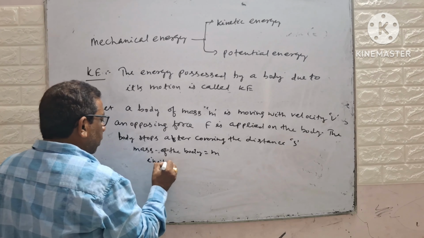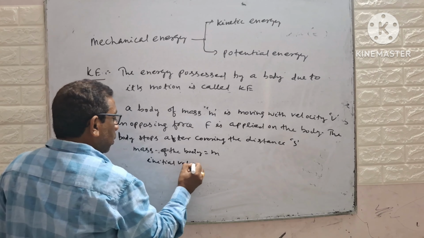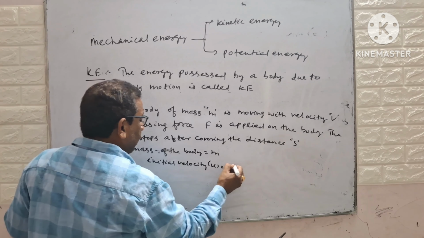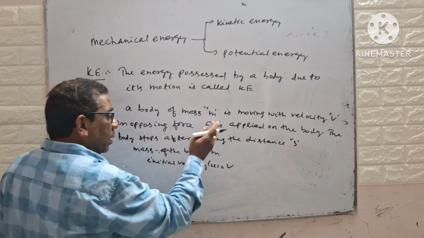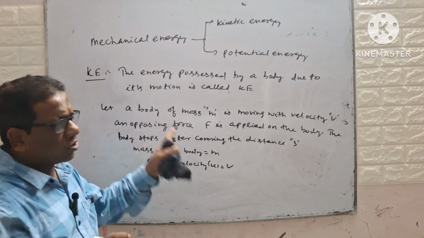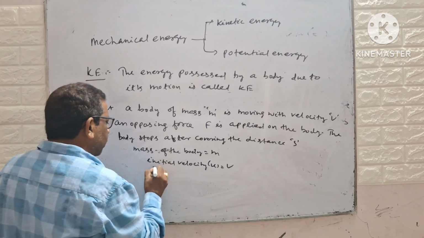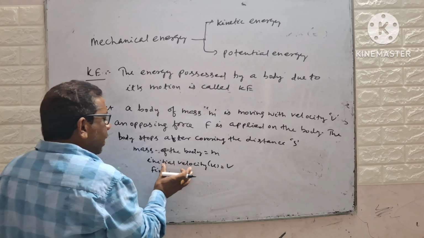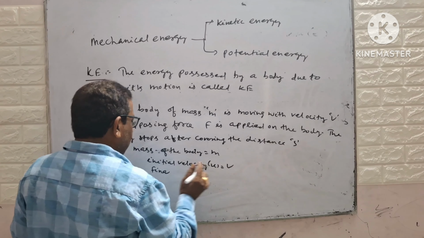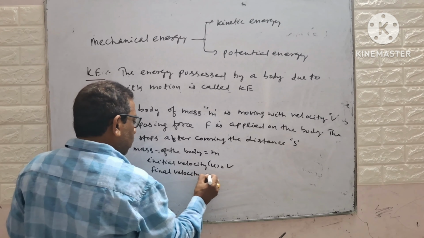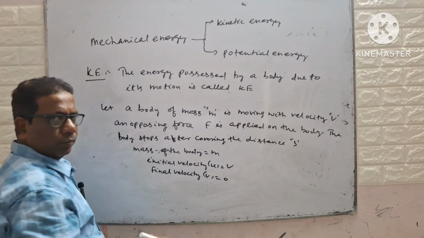Initial velocity u is equal to v, but finally the body stops, so final velocity v becomes zero.